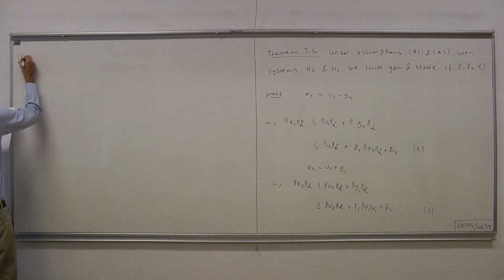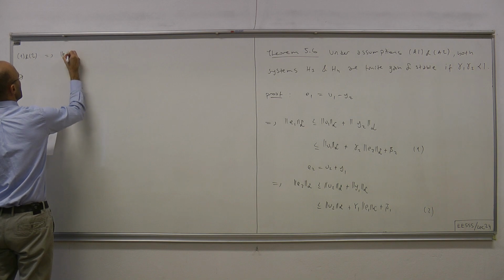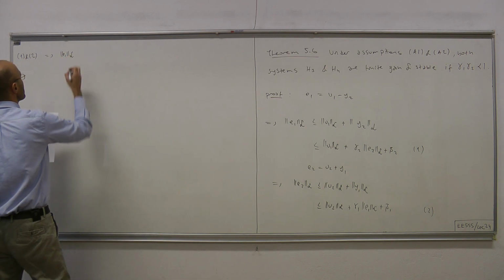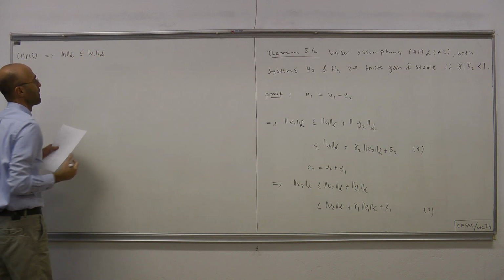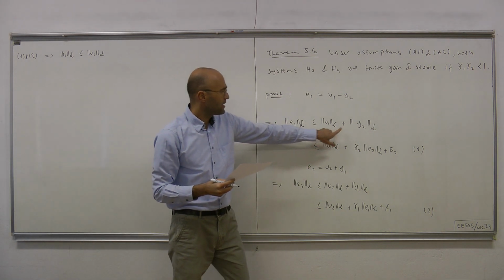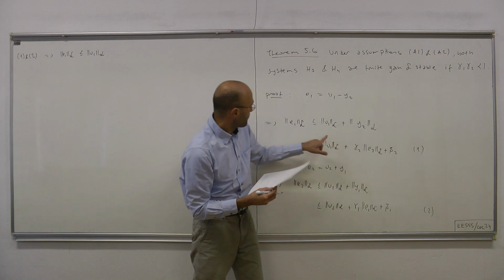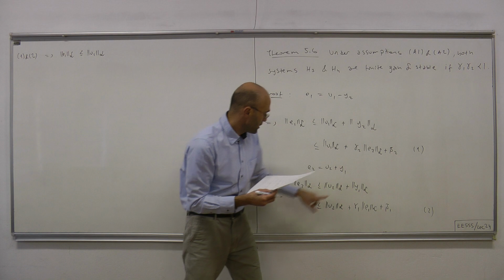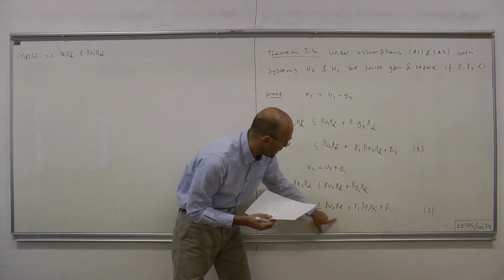So combining 1 and 2 yields, the L norm of E1 is less than or equal to the L norm of U1, and then instead of this term here, which upper bounds the L norm of E2, we can use the second inequality and upper bound that by this term here.